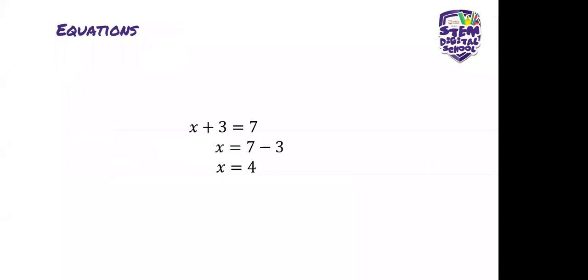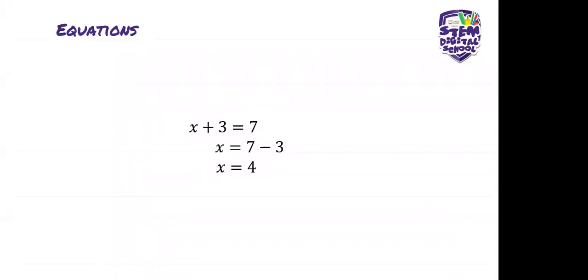Now, if you look at the equation that we have in our midst here, x plus 3, you can see that we have solved x plus 3 by taking 3 from the left-hand side to the right-hand side. That is what we call the additive inverse, because when 3 is on the left-hand side, it is positive.